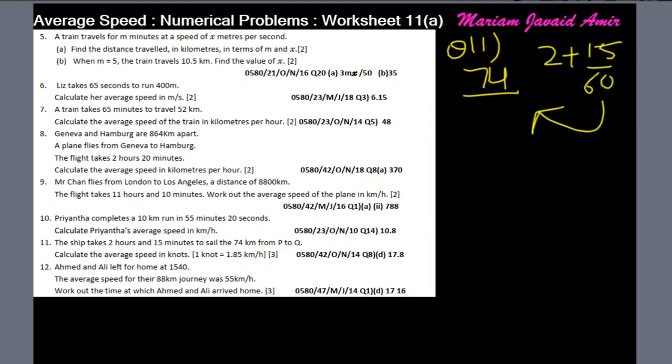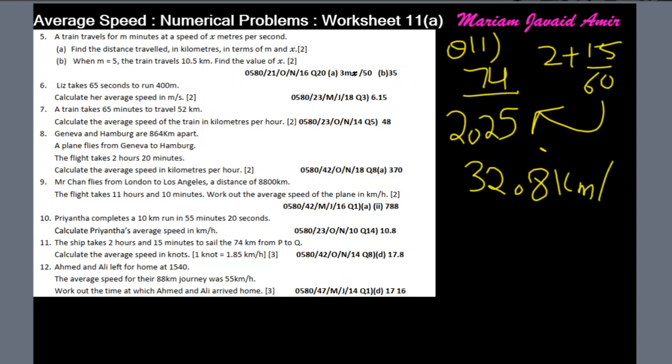This gives us 2.25, and then 74 divided by 2.25 gives us 32.8 with a recurring dot on it, and this answer is in kilometer per hour.